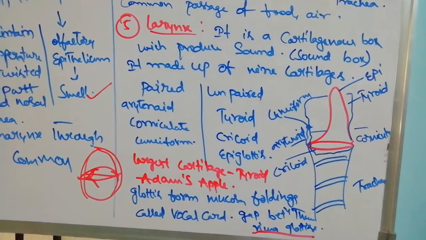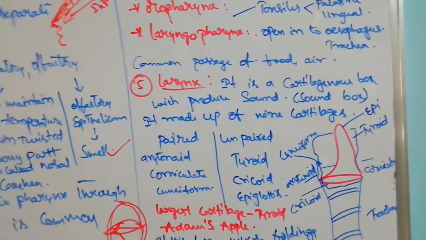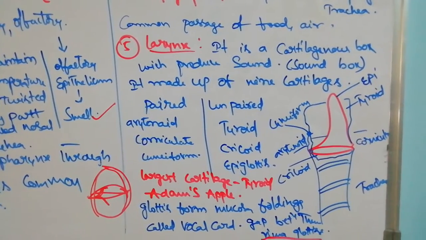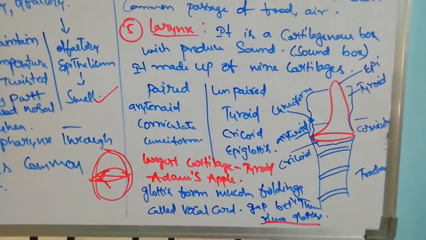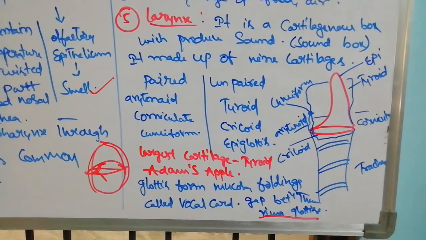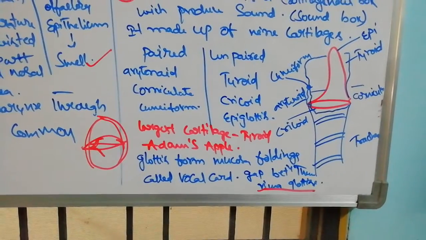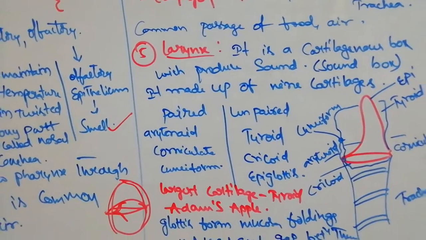So the larynx is the cartilaginous box that produces the sound, and it is made up of 9 cartilages. 3 are paired: arytenoid, corniculate, cuneiform. Thyroid, cricoid, epiglottis are the unpaired. The largest one is the thyroid. The Adam's apple is what protrudes at the throat portion.